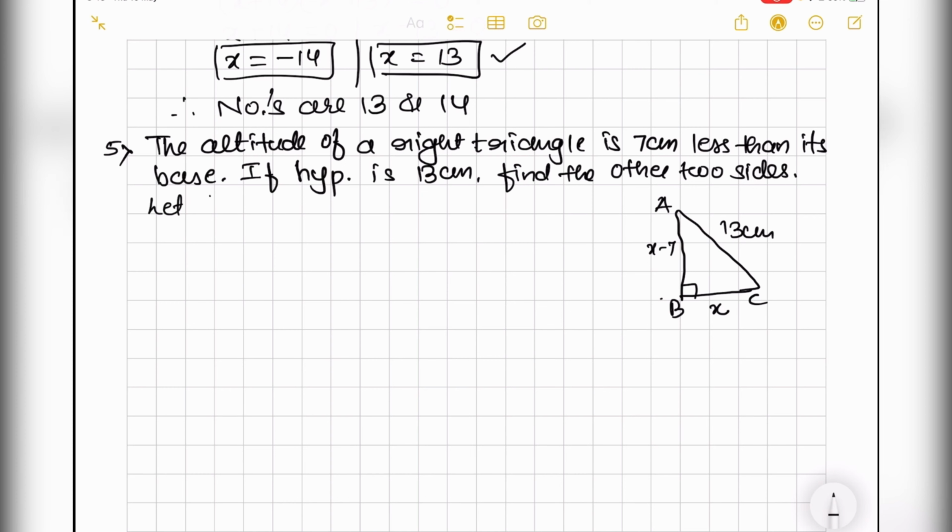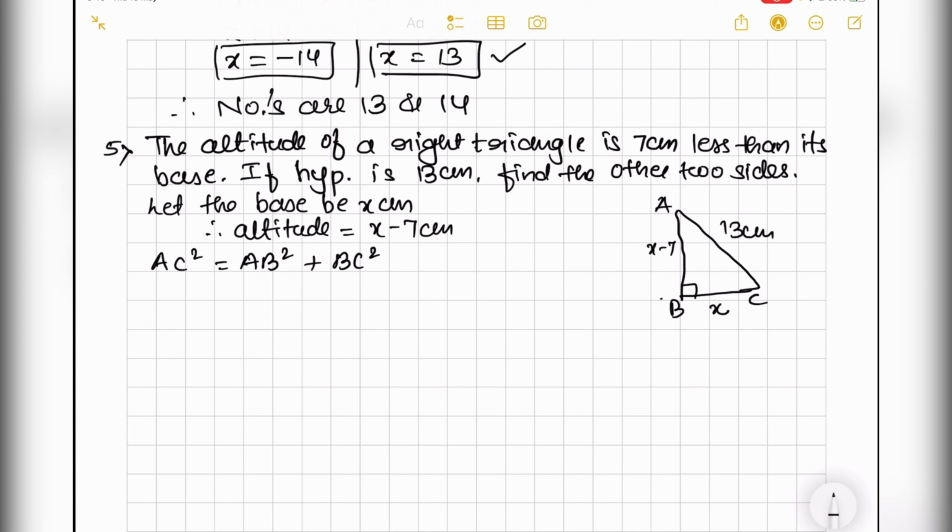So let the base be x centimeter. Therefore the altitude will be x - 7 centimeter. Now he is using the Pythagoras theorem. So can I say AC² = AB² + BC²? So 13² = (x - 7)² + x².